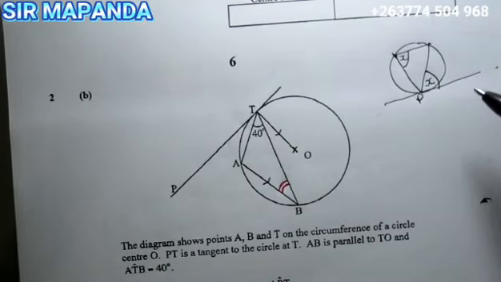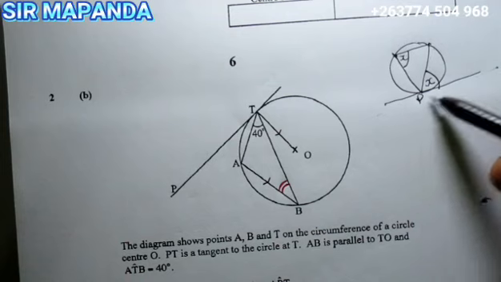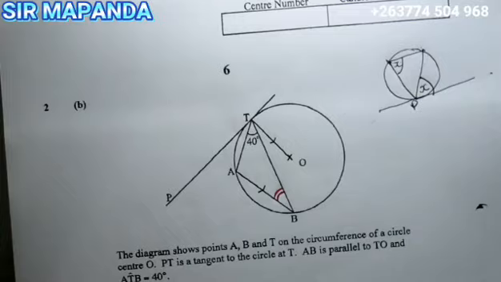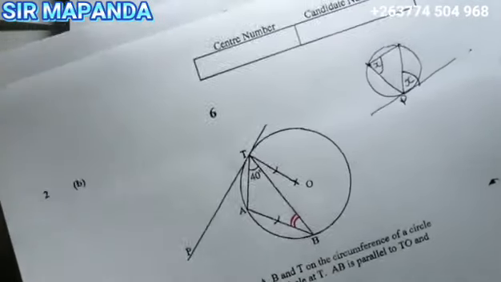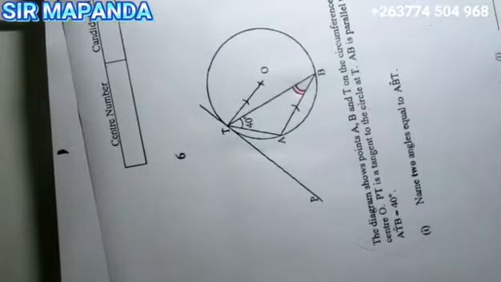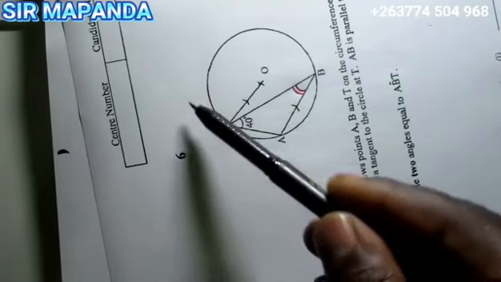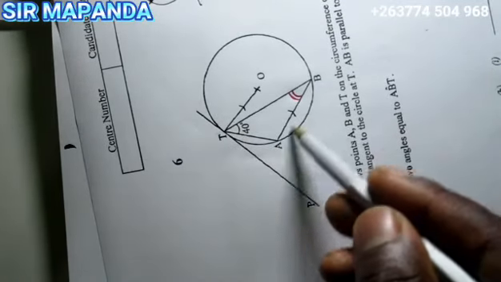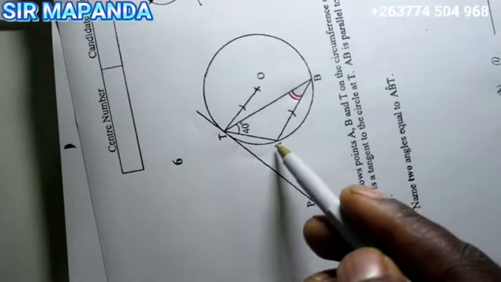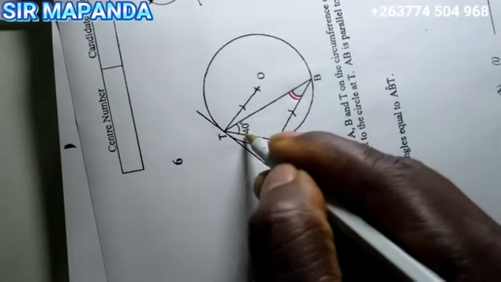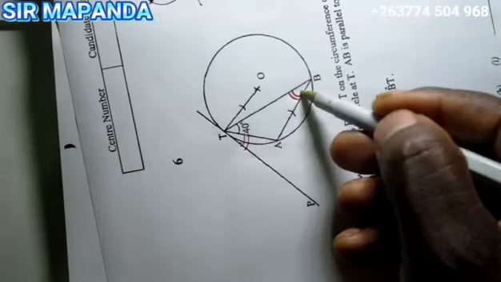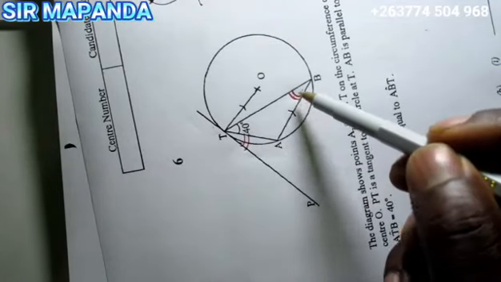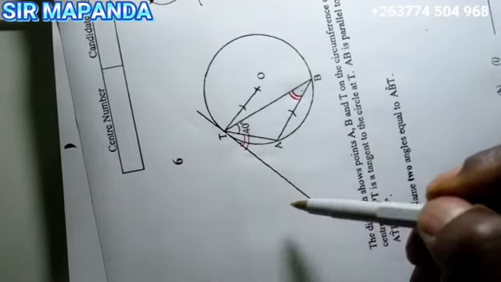So you can clearly notice that there is a tangent which is PT. This angle at the point of intersection between the chord and the tangent must be equal to the angle at B. I hope you are listening. So the first angle which is equivalent to B is ATP.